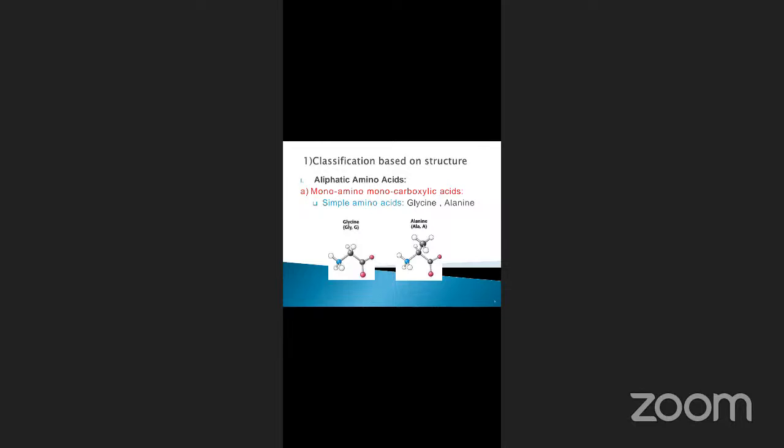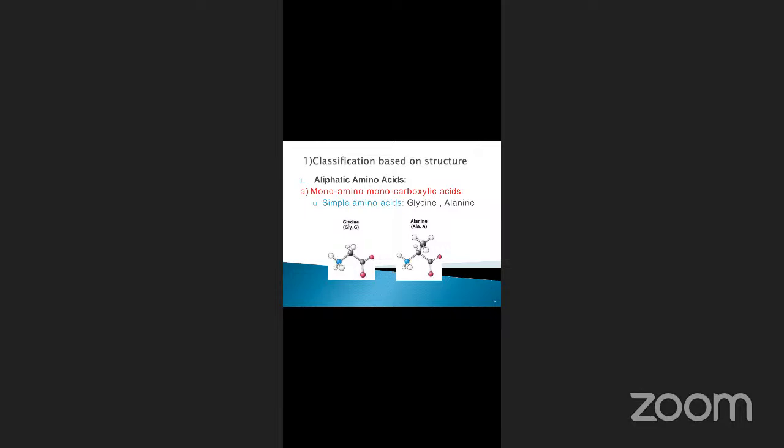That means, as I showed you in the structure of an amino acid, you have one amino group and one carboxylic acid group. Such amino acids having only one amino and one carboxylic group are called monoamino monocarboxylic acids.